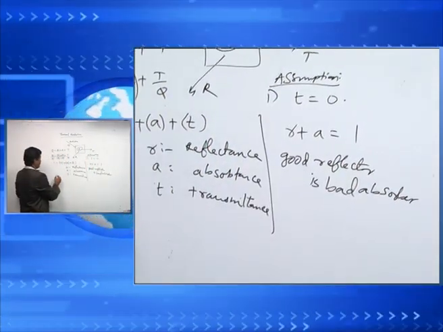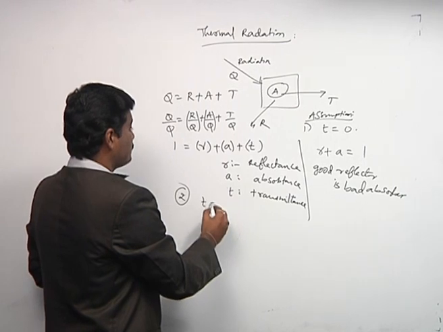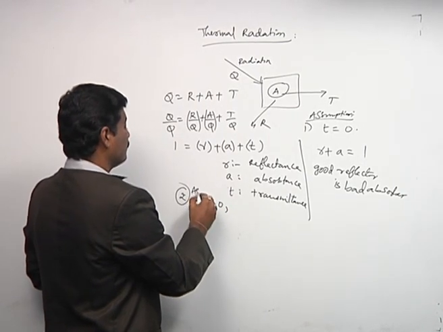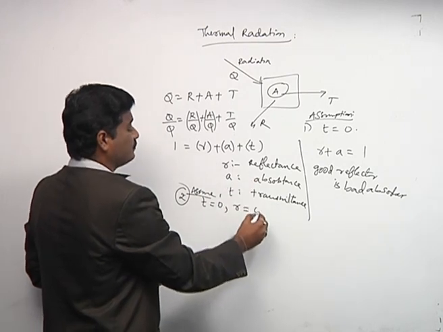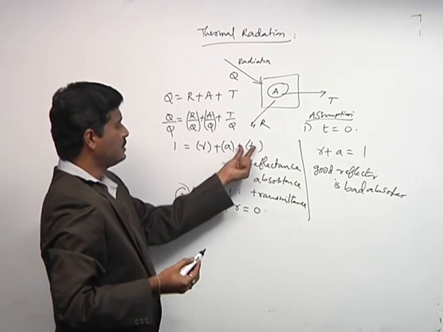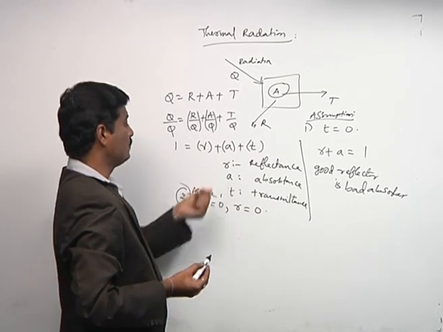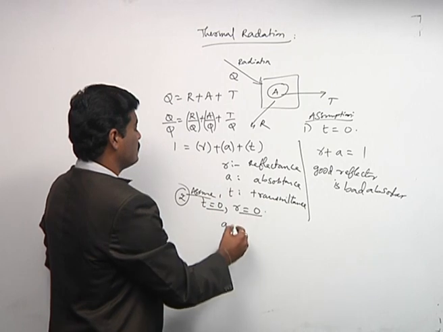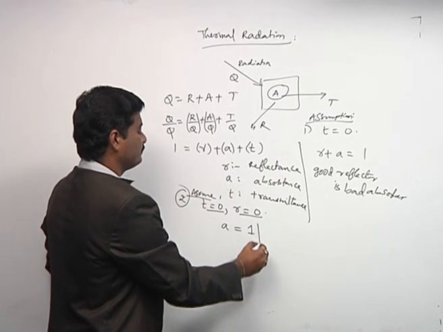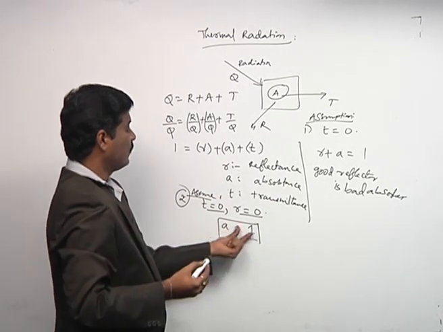Another assumption we are going to discuss: I am taking T is equal to 0 and R is equal to 0. So here T is equal to 0 and R is equal to 0, and A becomes 1. What do you mean by A here?